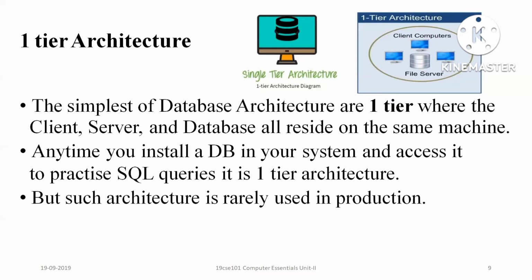This is an example of one tier architecture. After some days, we'll install Oracle software to practice SQL queries: how to make a table, how to insert, how to select, how to create, all these things are SQL queries. Correct? However, commercial uses of this one tier architecture are limited.